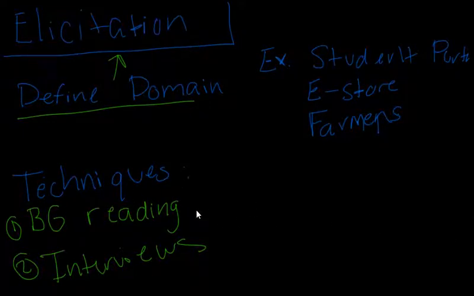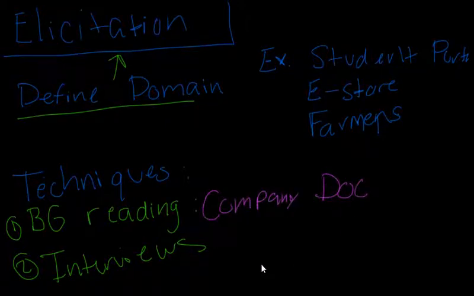So our techniques, we're going to start with background reading. And that's pretty much just reading different sources of information, like company documents. This could be their annual report or stuff like that, or different organizational charts, technical papers, etc. The advantage of background reading is understanding the organization and what it does before you go in.